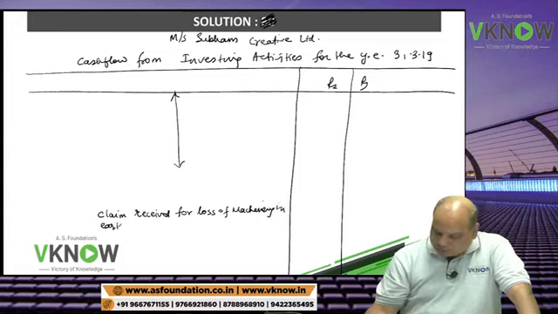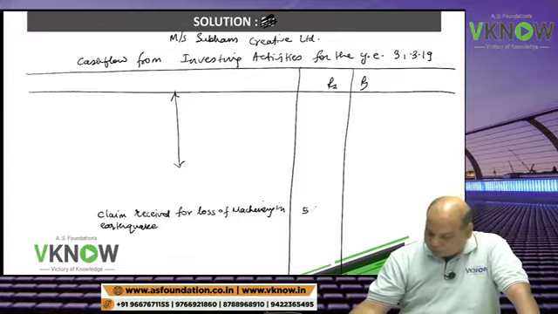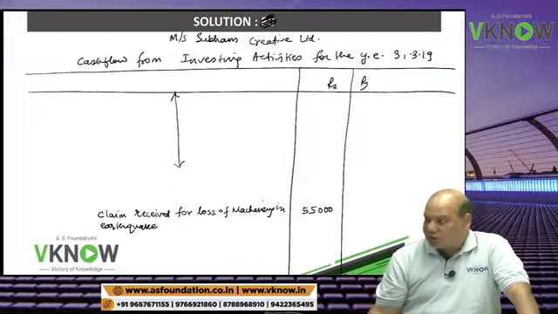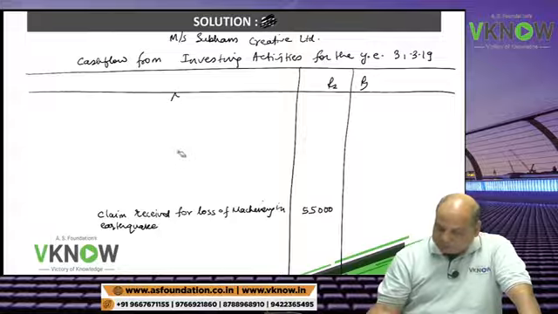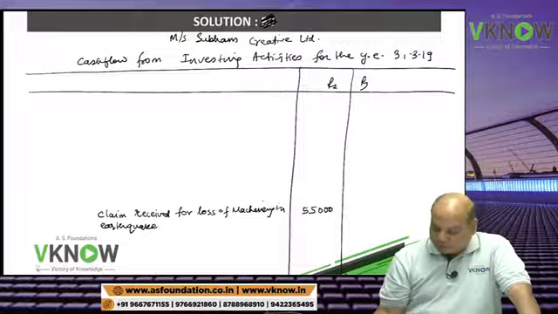Presentation is equally important. 55,000 in the inner column, positive number, because it is received. And if it is an outflow, write a negative number.